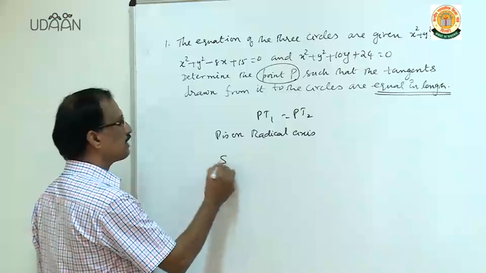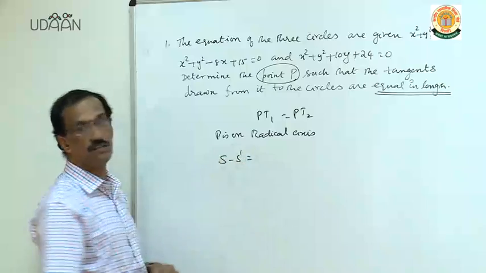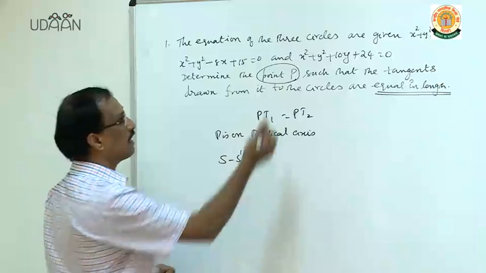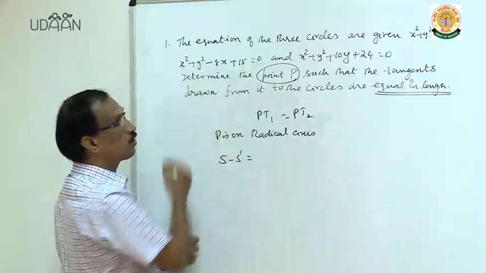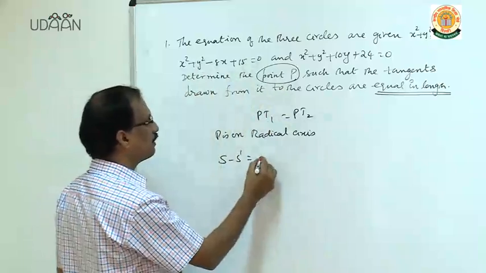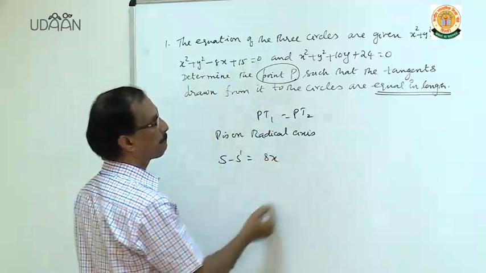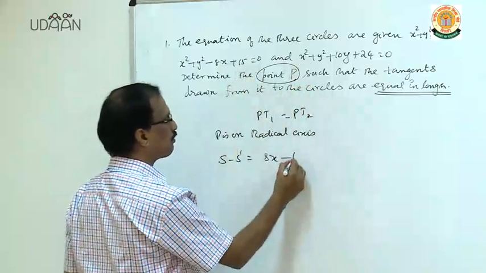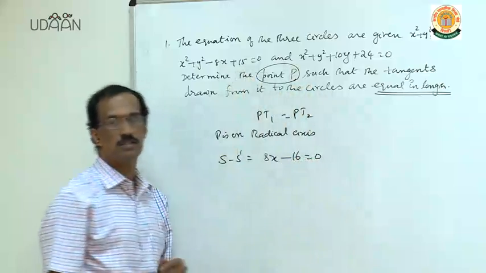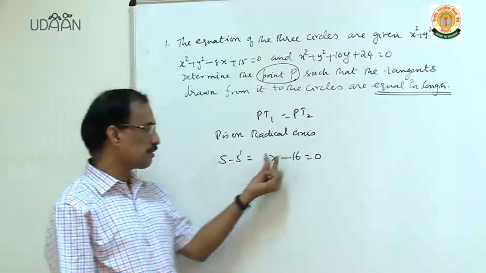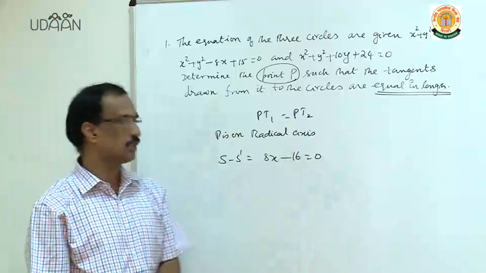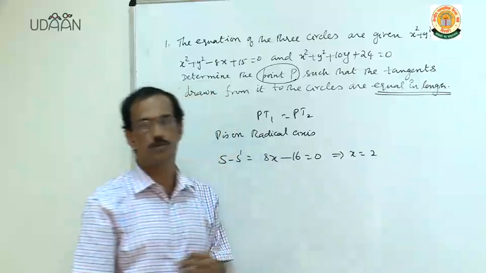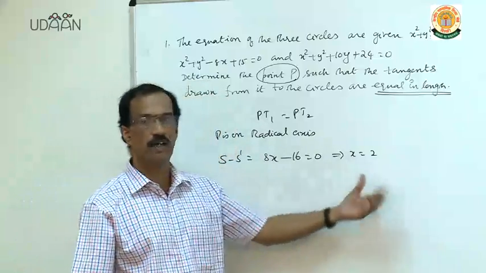Now S minus S dash, the first two equations: x square cancels, y square also cancels. So you get 8x minus 1 minus 15, that is minus 16 equal to 0. 8x minus 16 equal to 0, and from this we get x equal to 2.